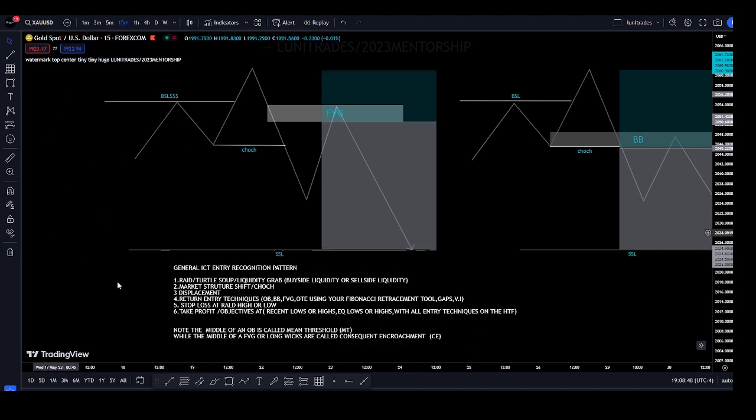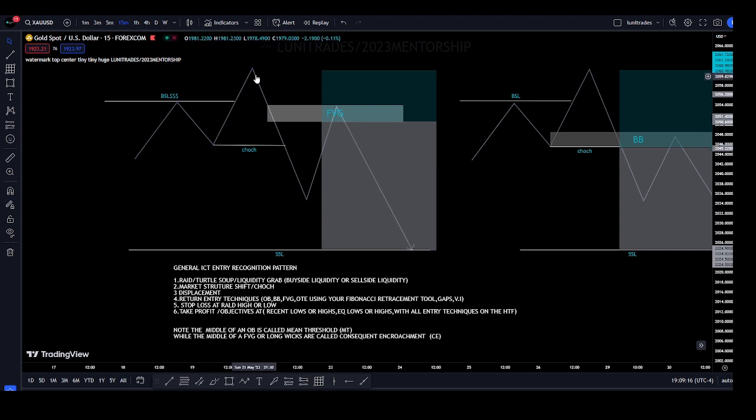These are the criteria you want to make sure you mark, tick them all, before you enter a trade. So first, you want a raid to take place. After that, you want the market structure shift breaking the leg that made that raid.